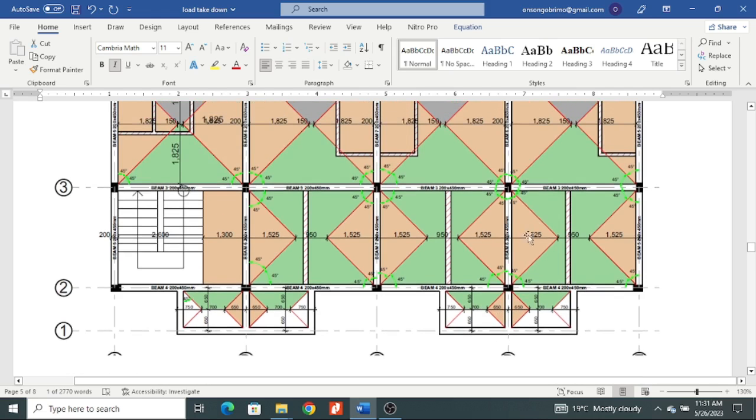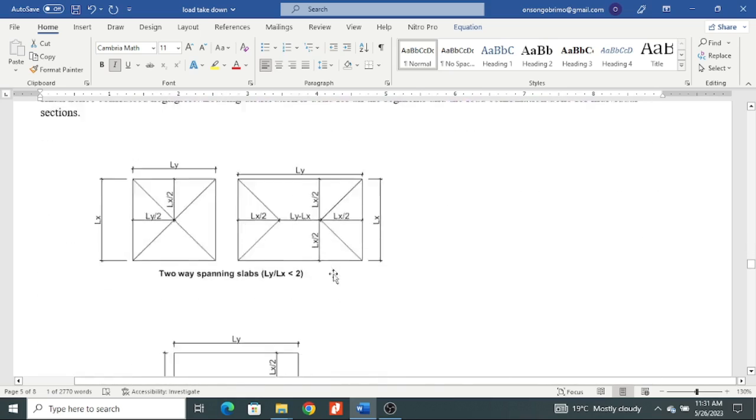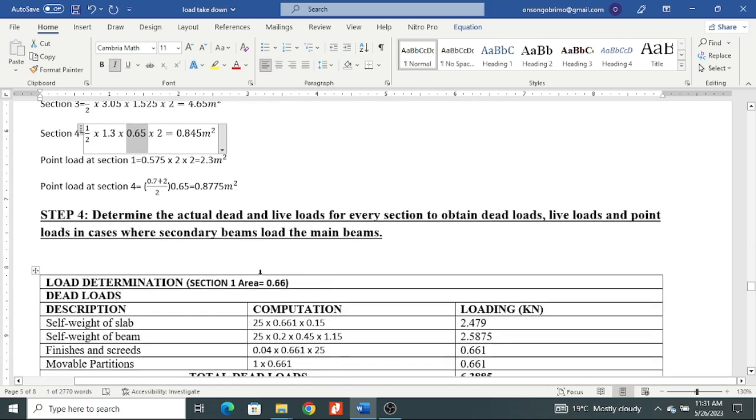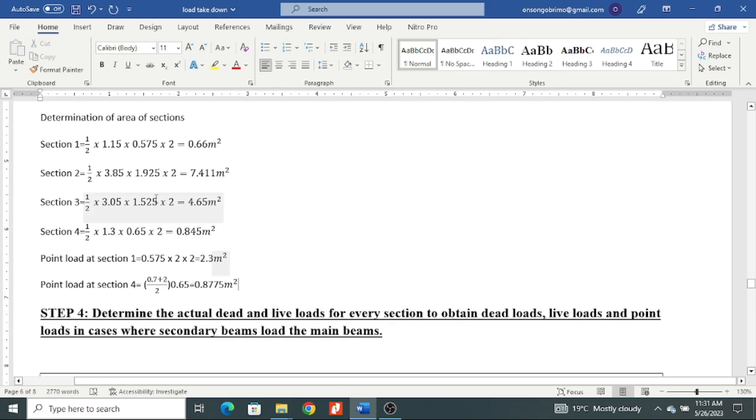Having done this section, another section is this with 1.525, and another section has 1.825. So I believe this is supposed to be 1.825, but this error is small.